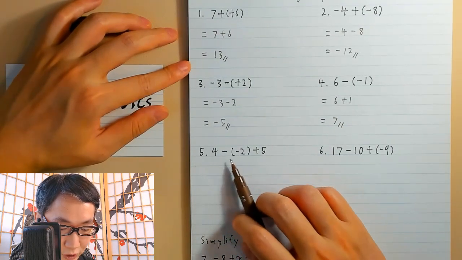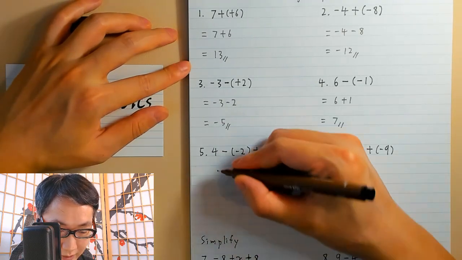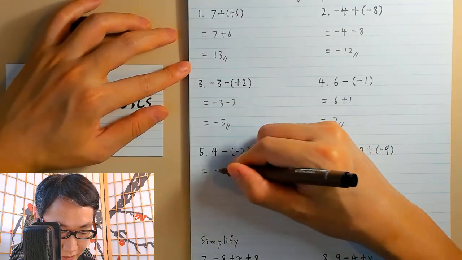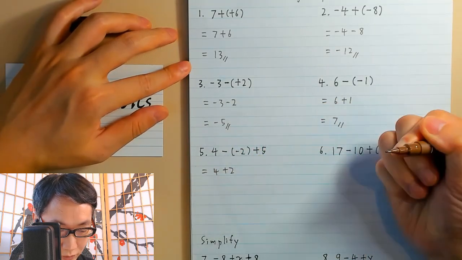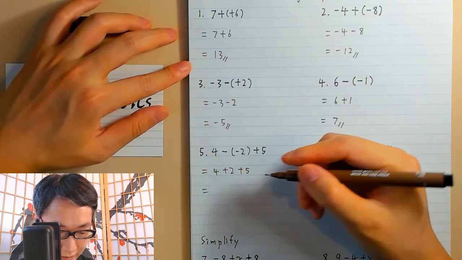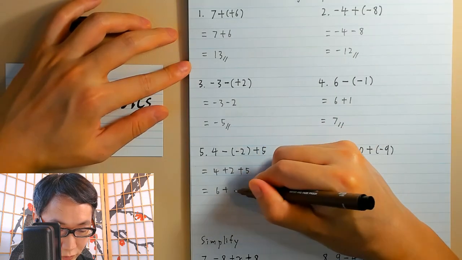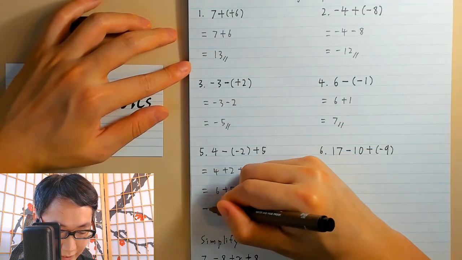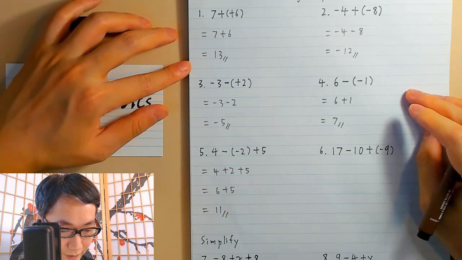And now there are 3 terms. So first we simplify, then we evaluate. So this is positive 4, positive 2, positive 5, and then this is positive 6 for the first 2 terms, and then positive 11. Okay.